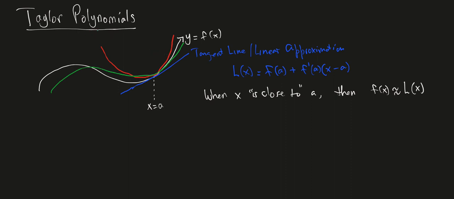And he figured out a really nice formula, that's not too difficult, that would give us a way of extending this concept of using a polynomial, starting with a linear function, to approximate our f of x. All right, so how do we do this? I'm going to simplify the problem. I don't just like giving you a formula.